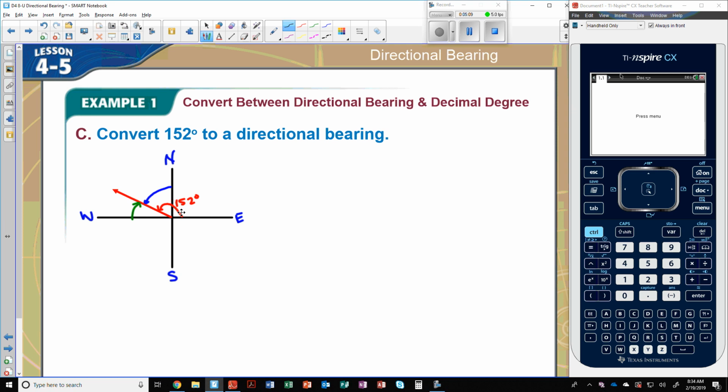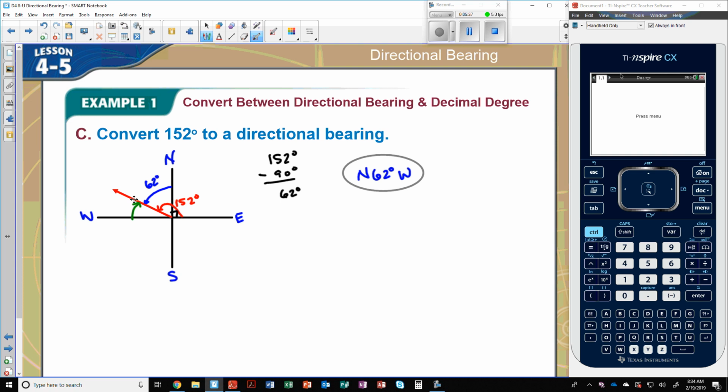We have 90 degrees from the east to the north, so if I take away 90 from 152, I'm left with this distance for the blue. That gives us 62 degrees. So the way you would write that is north 62 degrees west. That would be one way you could write it.